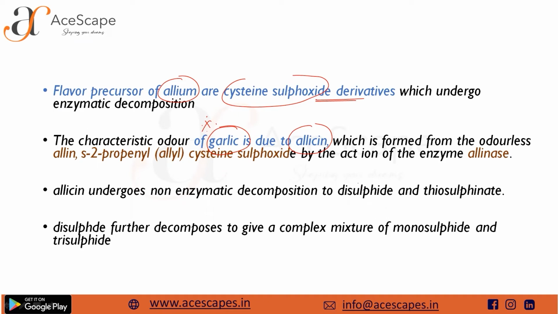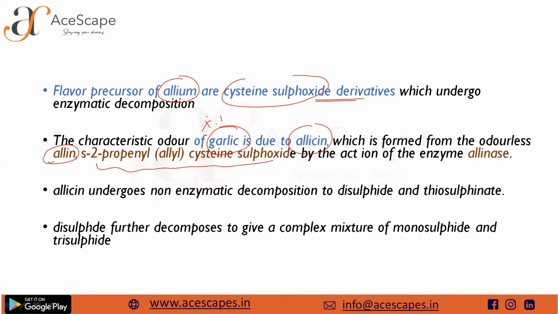So allicin is formed from alliin. This is the precursor compound, S-2-propenyl cysteine sulfoxide.